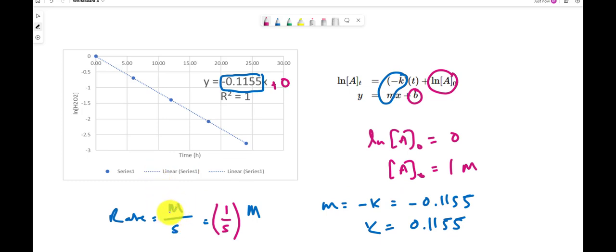Since the rate is in molarity per second, or moles per liter per second, and the concentration on the other side of the rate expression is in moles per liter, those two things are preserved. What we need is just a per second term. So that means this k is going to be in units of per second, and we want to be careful that we are only including the number of sig figs that we actually know.